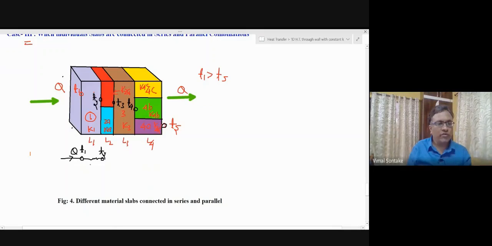So it is going to offer a single thermal resistance RT1. Between T2 and T3, the slab is made up of two different materials, and they will offer the thermal resistances RT2A, RT2B.